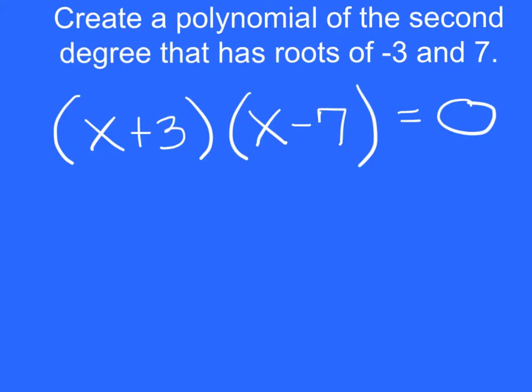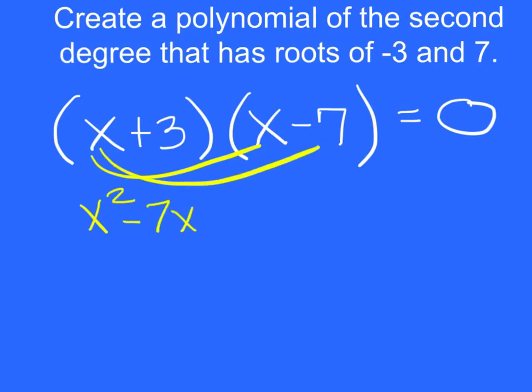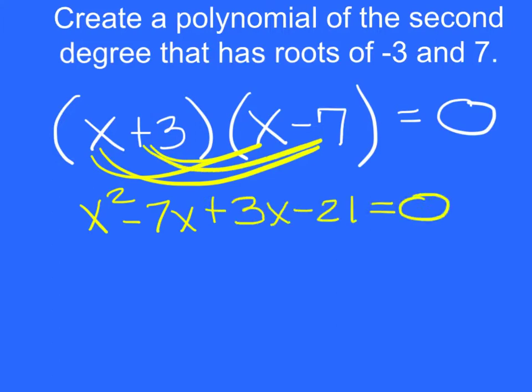So now if you multiply this out, x times x is x squared, x times negative 7, and then 3 times x, and 3 times negative 7. You'll have to simplify the middle terms and come up with what from negative 7x plus 3x? Negative 4x.